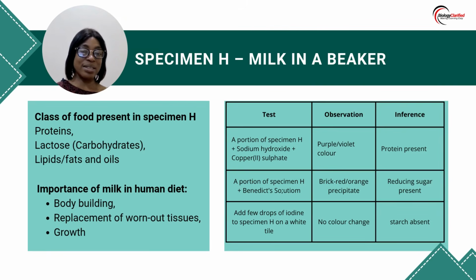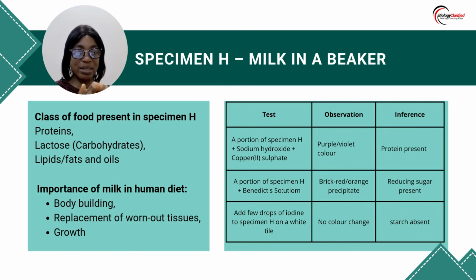Then we look at tests. We also suspect that there may be tests under this specimen because of the fact that it contains protein and it contains lipids. So it could also be tested for fat and oil. But what you should know with tests for food is that if sodium hydroxide and copper II sulfate is added to any food substance, if it turns purple or violet, it contains protein.